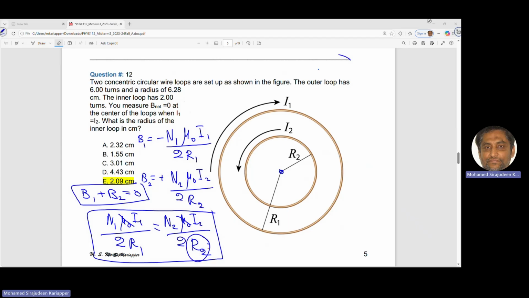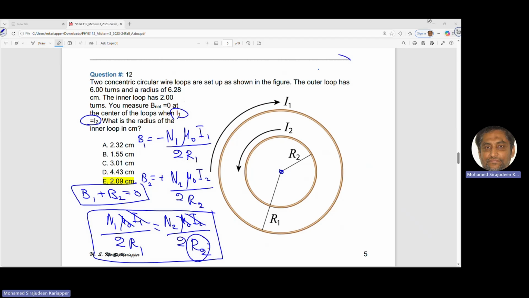Everything else is given. He is also saying I1 is equal to I2. It's not given directly, but he is telling us in the question that it is equal. Otherwise, can you cancel it? No. If the question doesn't say such a thing, you cannot cancel it. The question says I1 is equal to I2.